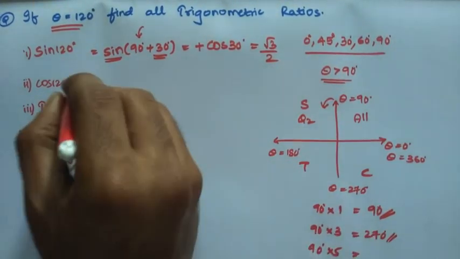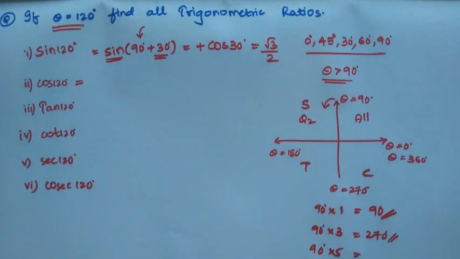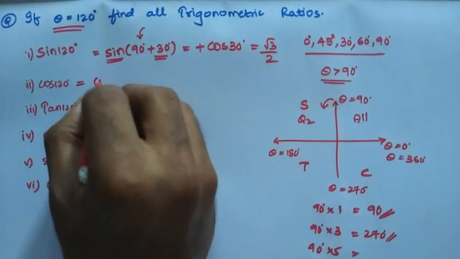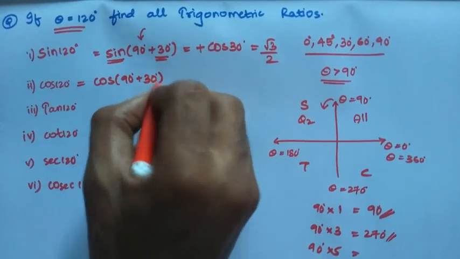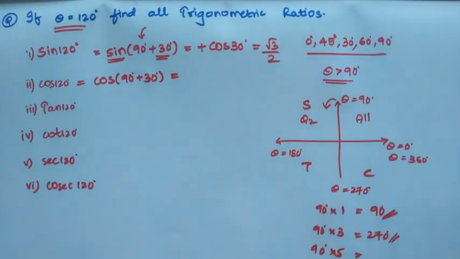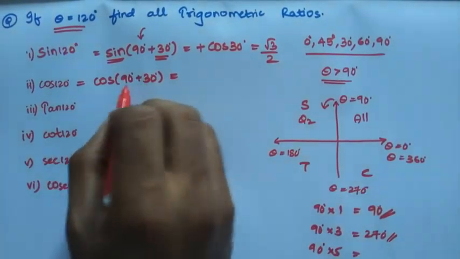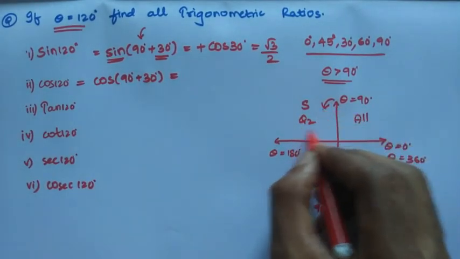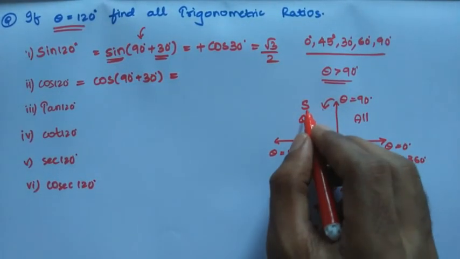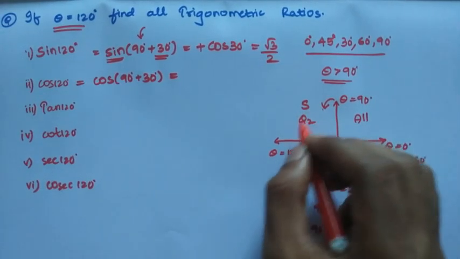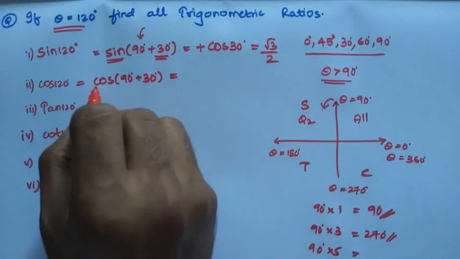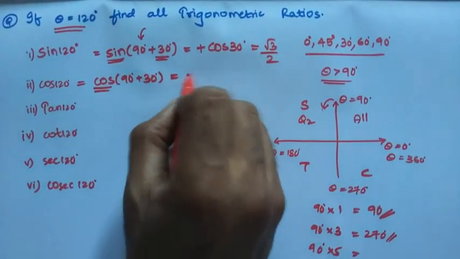Next, coming to cos 120 degrees. Cos 120 degrees can be written as cos of 90 plus 30. Here 90 plus 30 comes in quadrant 2, and in this quadrant sine and its reciprocal, that means sine and cosecant, are positive. But here we have cos, so it will be a negative value.